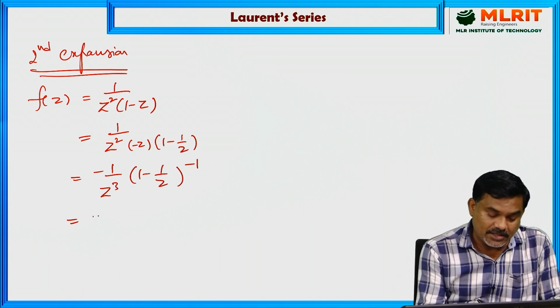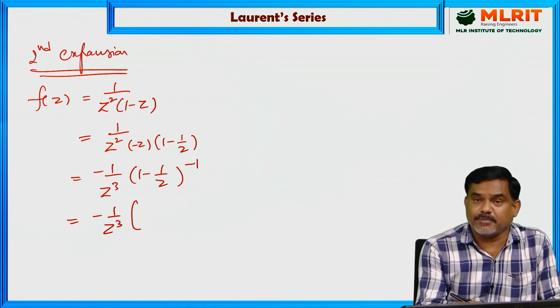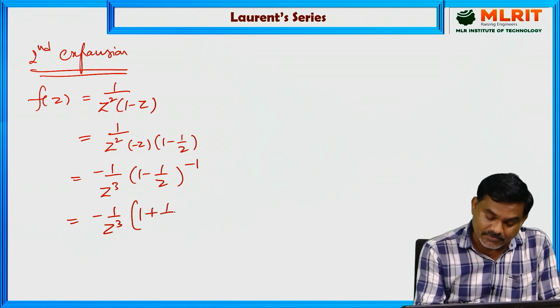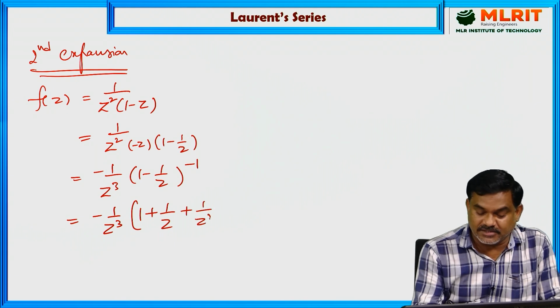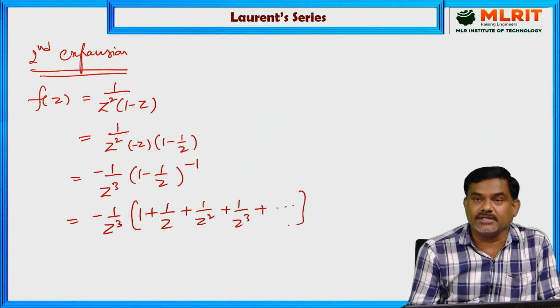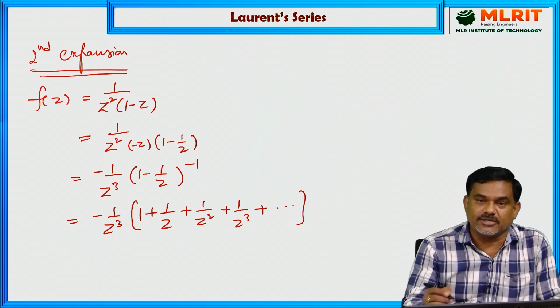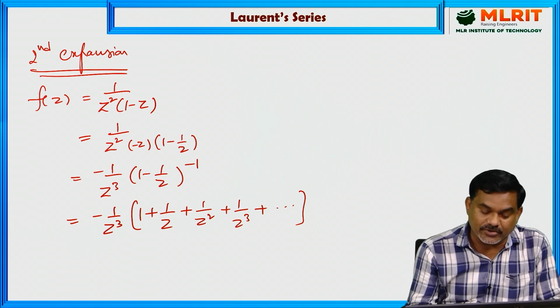Now let us expand this 1 minus 1 by z power minus 1 as 1 plus 1 by z plus 1 by z square plus 1 by z cube and so on. Using 1 minus x whole power minus 1 is 1 plus x plus x square plus x cube and so on, all the terms will be positive.